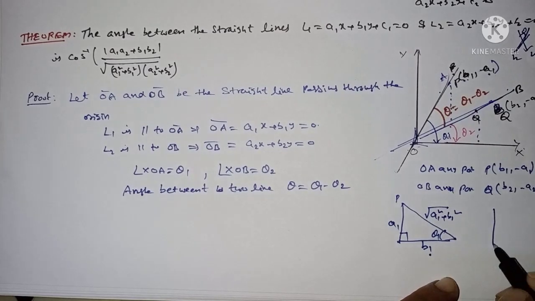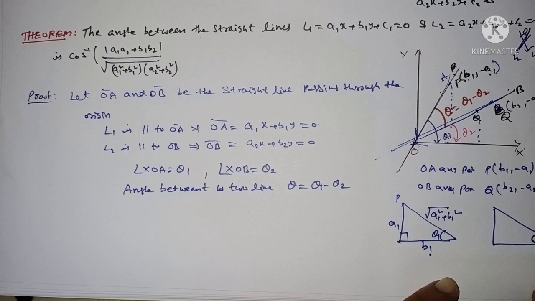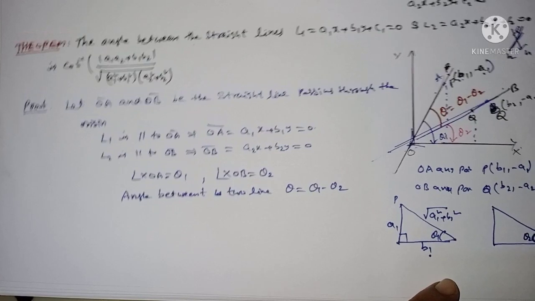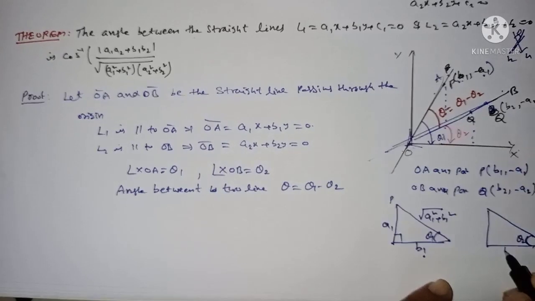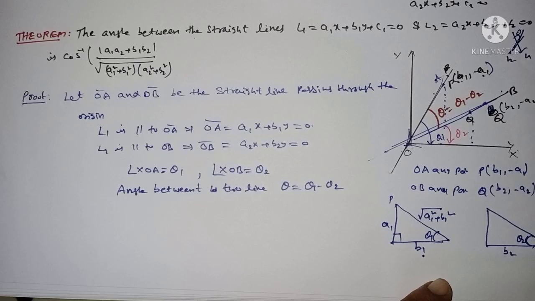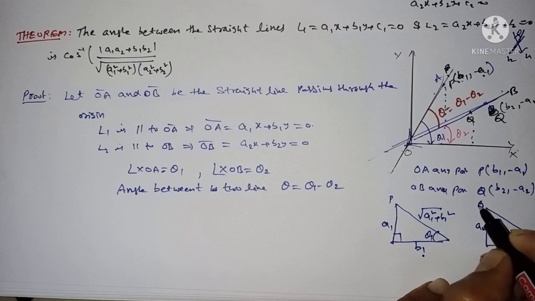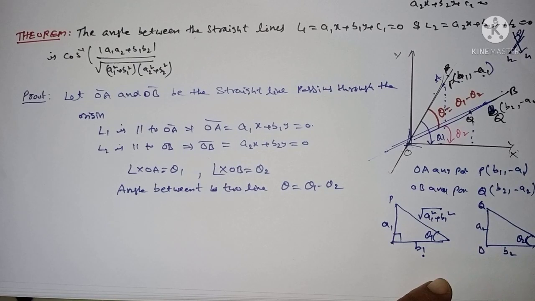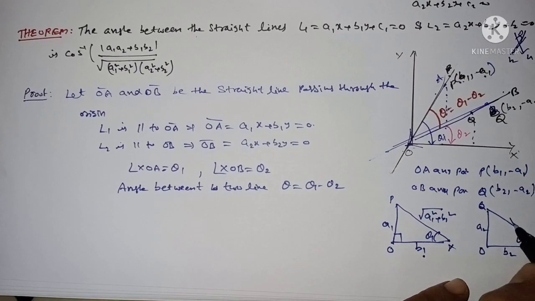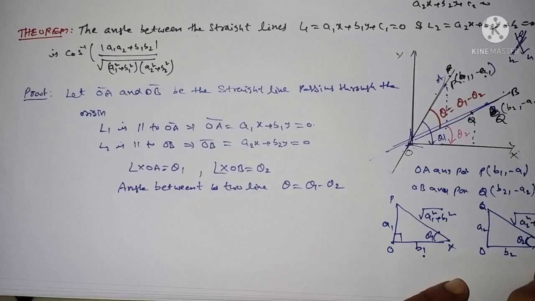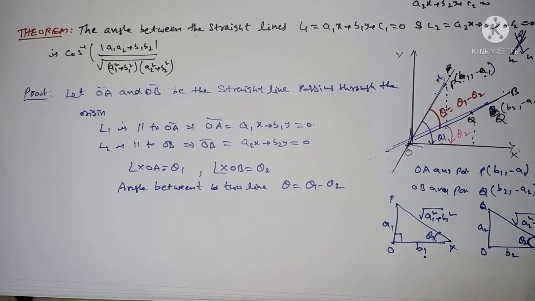Similarly, you can take another triangle with angle theta 2. Here also B2 is the x coordinate and A2 is the y coordinate, and this is also O. Here also the hypotenuse is the square root of A2 square plus B2 square, with the adjacent and opposite sides.